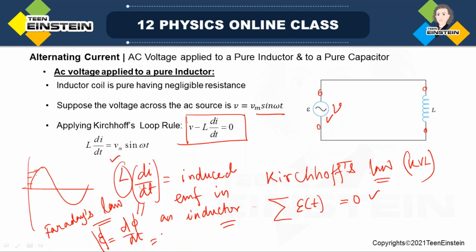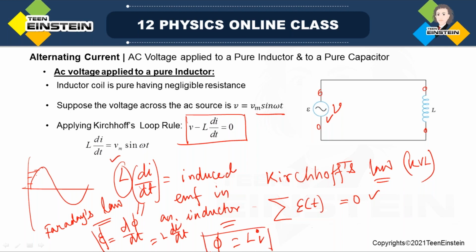Again, for an inductor phi is equal to Li, so L di/dt, where phi is equal to L into I. We have already learned that. If you don't remember, just go and look in your book, the electromagnetic induction chapter.